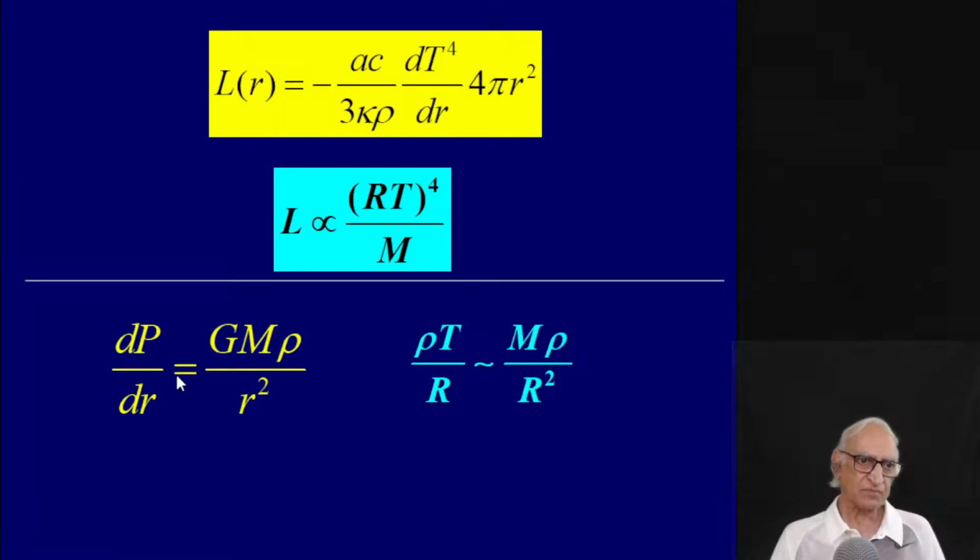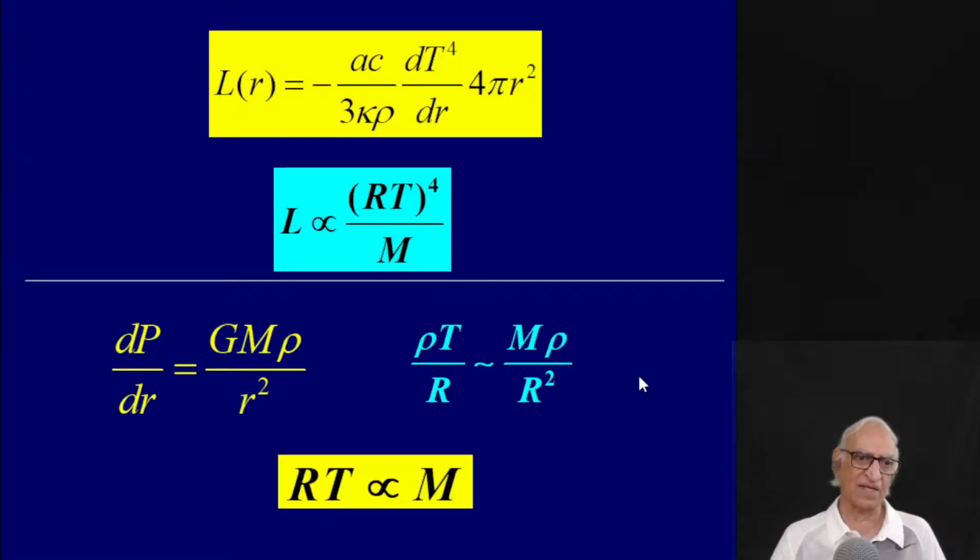Therefore, Boyle's law: pressure is rho kT. k is not important here because I'm writing down a scaling relation. So the left-hand side is rho T divided by R, and the right-hand side is m rho by R squared. Rho cancels out, one R cancels out, and by taking the R over there I get the relation R T is proportional to m.